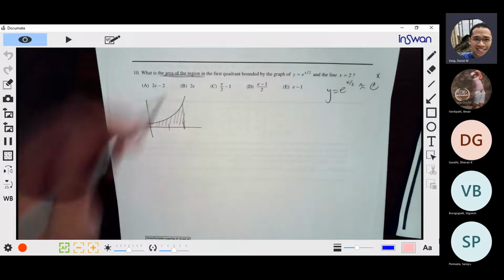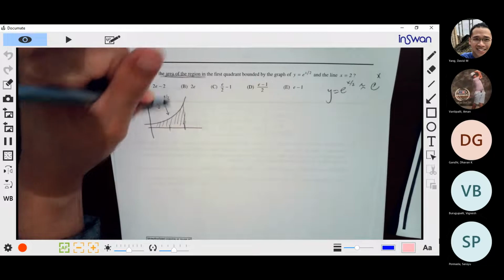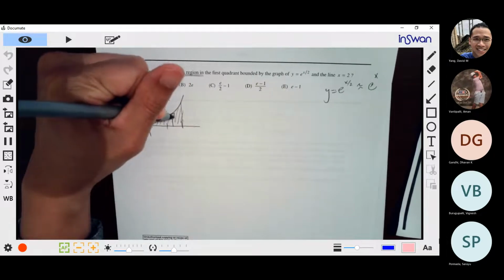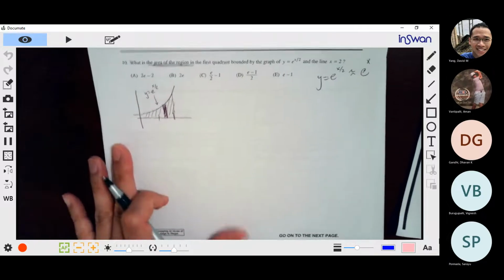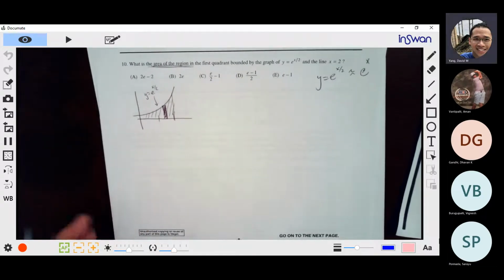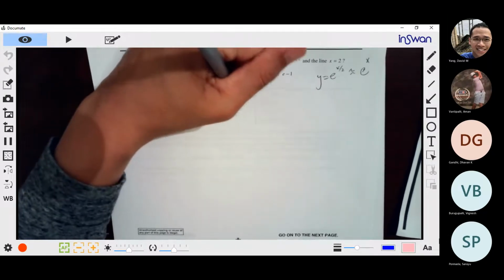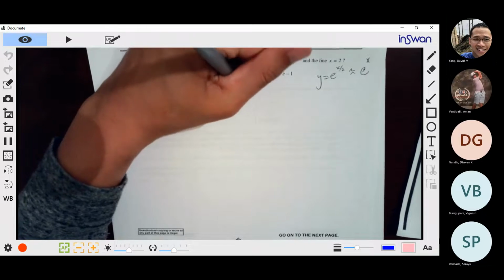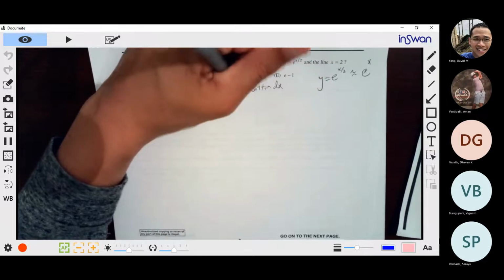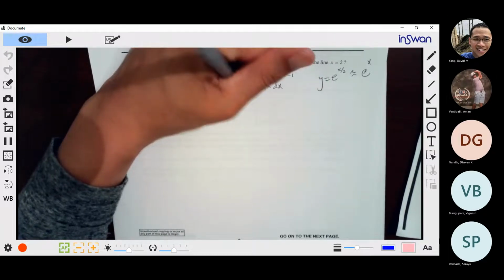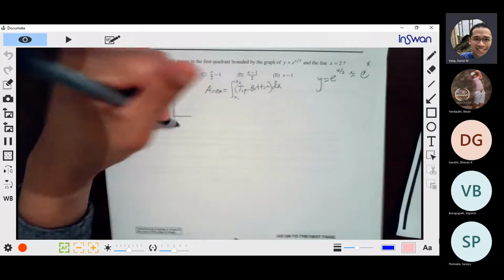So the area, I can just do top minus bottom. Okay, from 0 to 2.